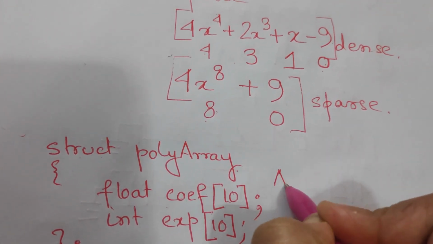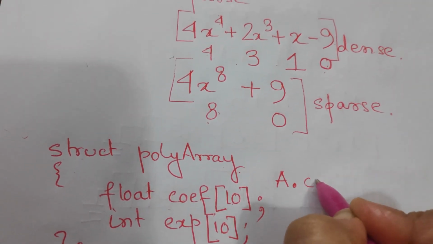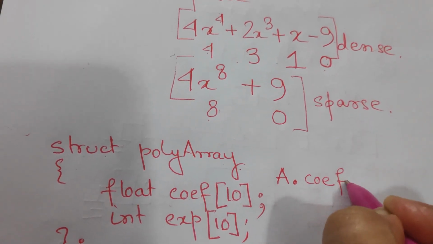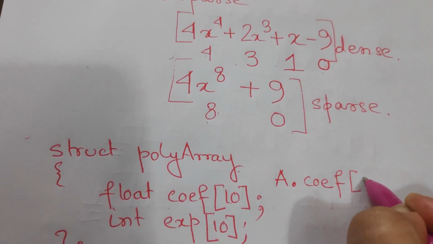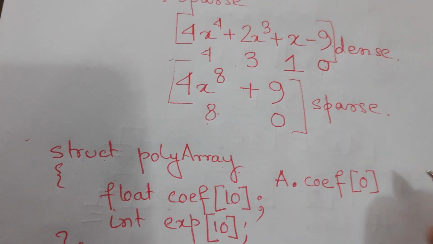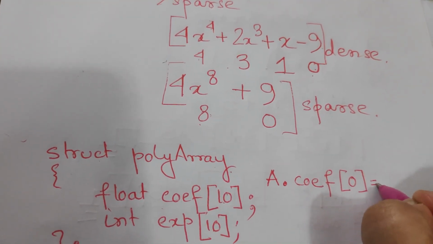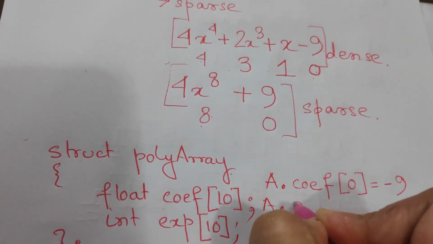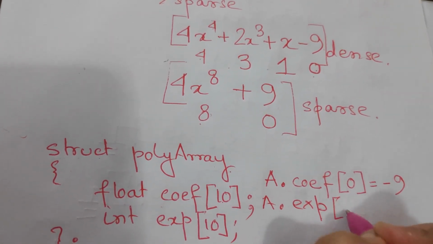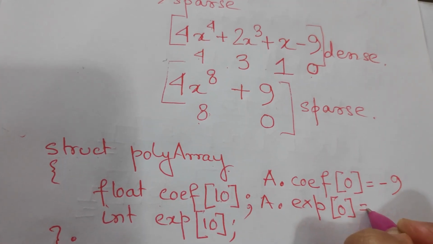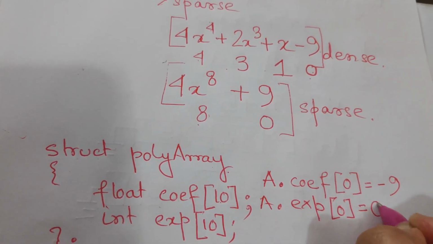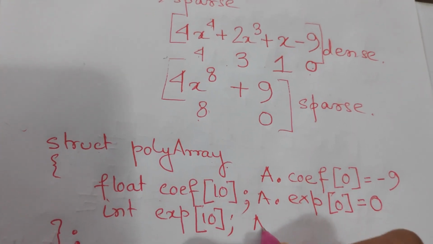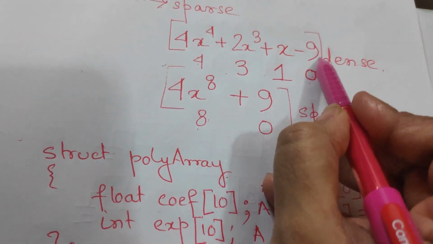Then a dot coef 0 will have the term -9 and a dot exp 0 would have the value 0. So this term will be represented.